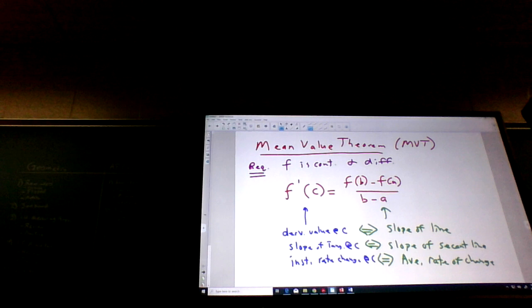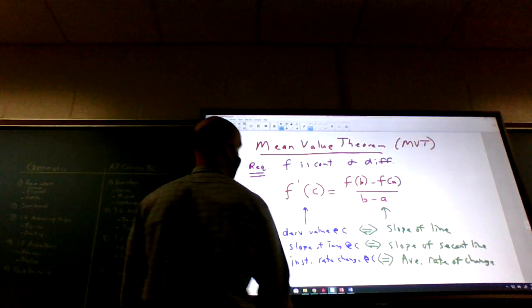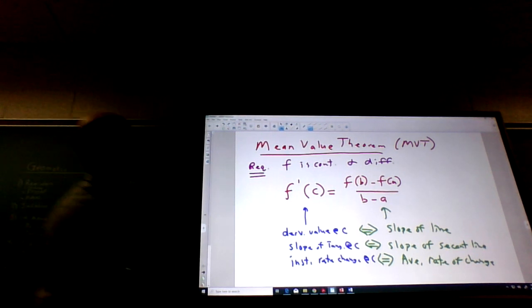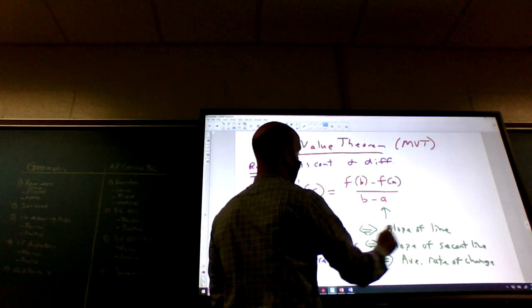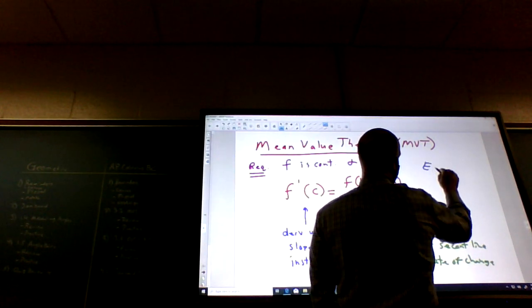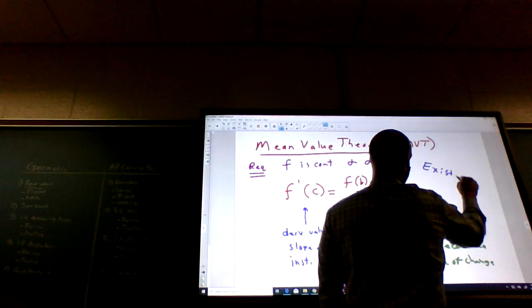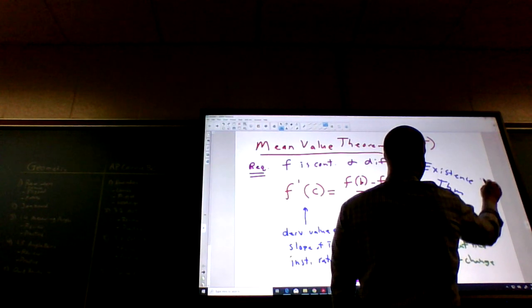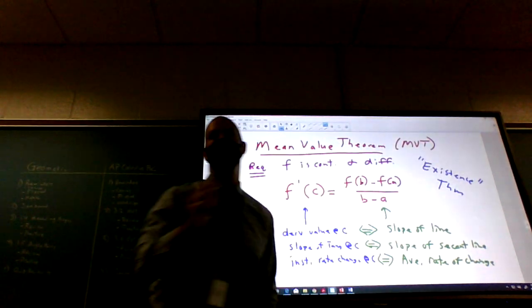Okay? So the only other thing I want to mention about this, unless you want me to do an example, which I'll be glad to do, we can make one up, is this. This is an existence theorem.